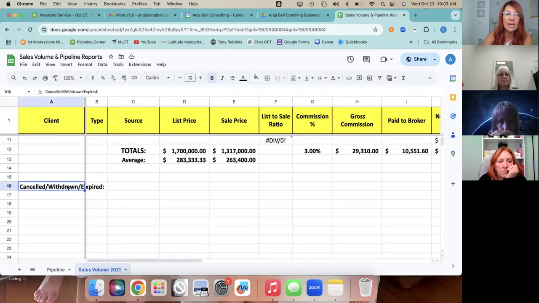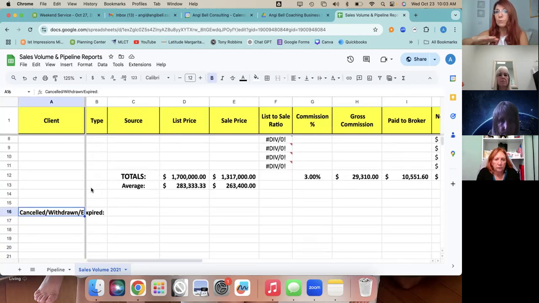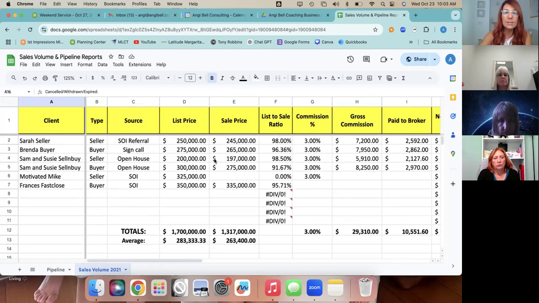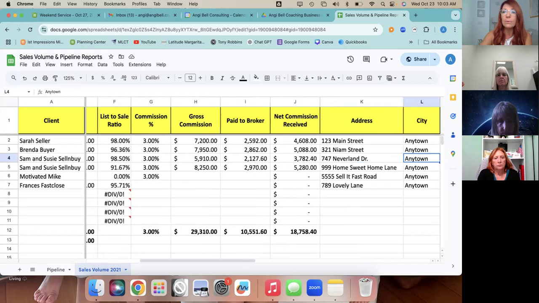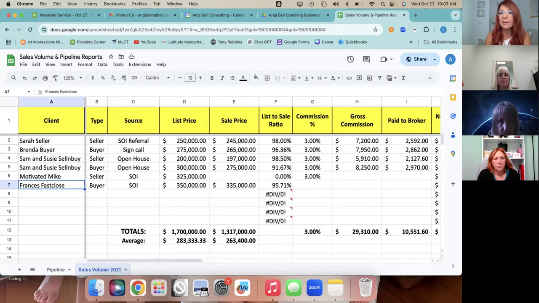And then I just have a little section down here for things that are canceled, withdrawn, or expired. So just keep in mind this is only for a deal that you lose, and you lose it forever, right? If you have a listing that's under contract and that thing falls out, it goes from pending back to active, and just leave it there.